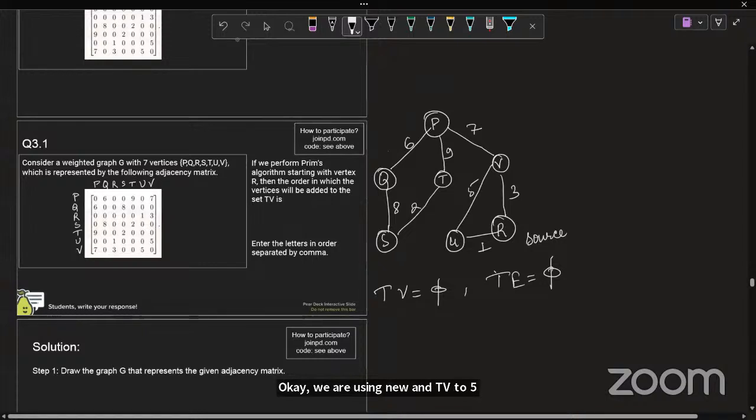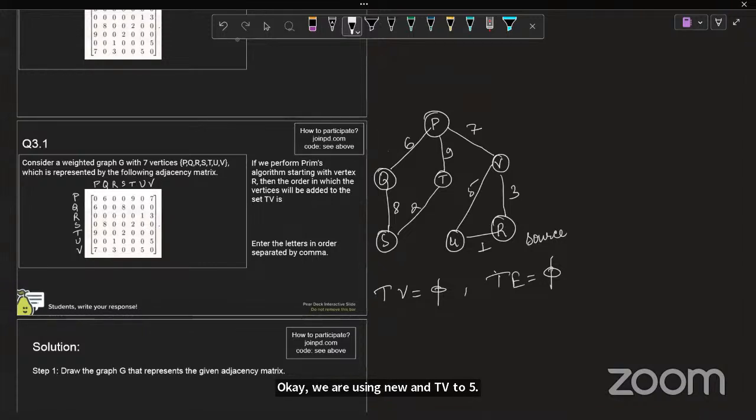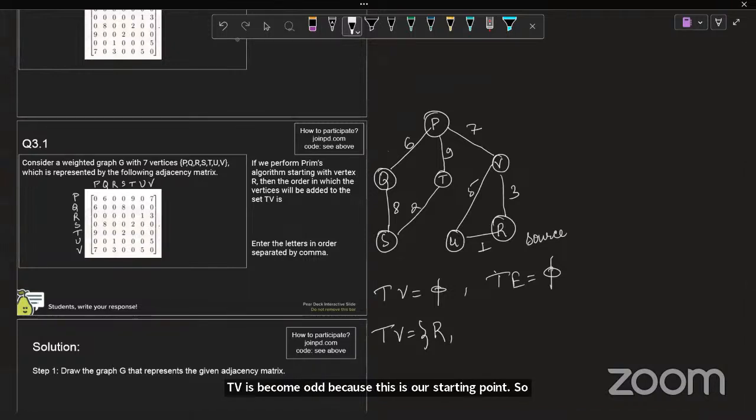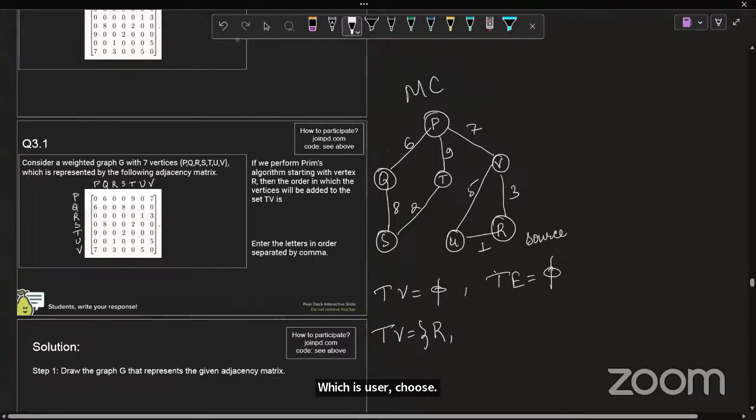And then what will be the first step? First of all, you have to choose one vertex from R. Our source vertex is R, then TV becomes R because this is our starting point. From R you have to choose one edge. Which edge should you choose? Minimum cost, right? Minimum cost spanning tree.